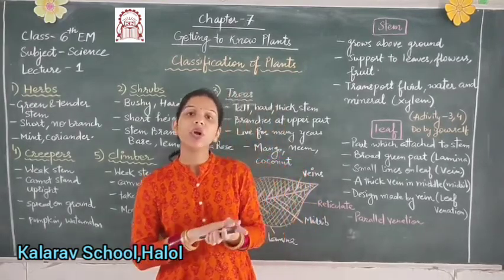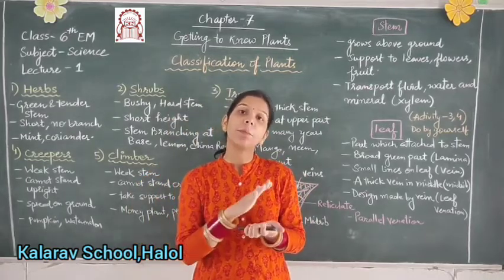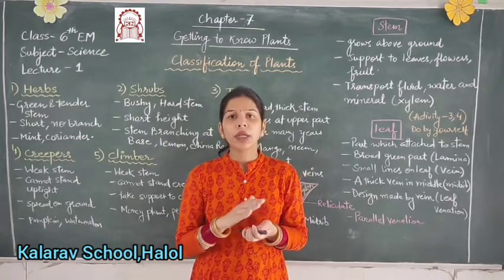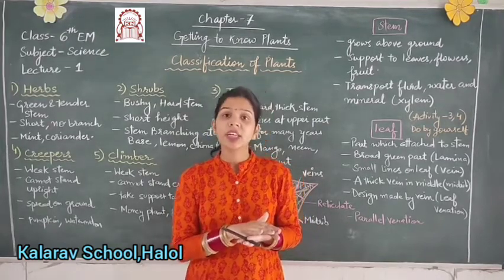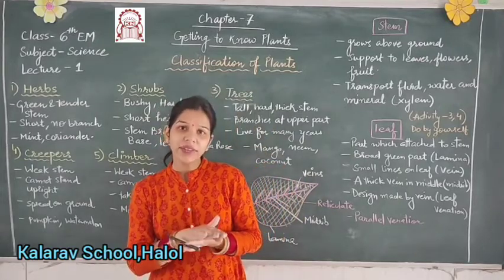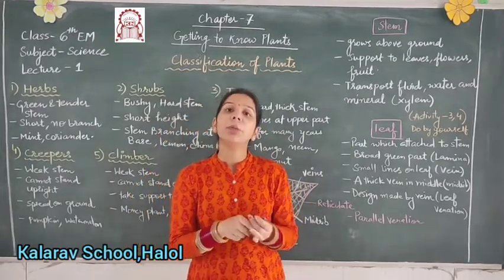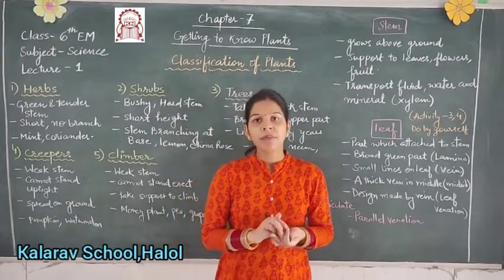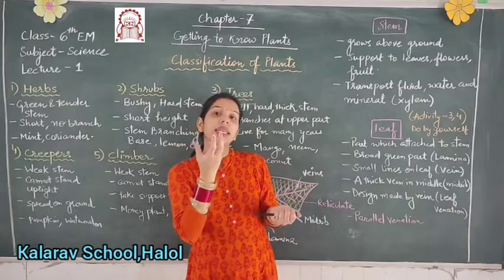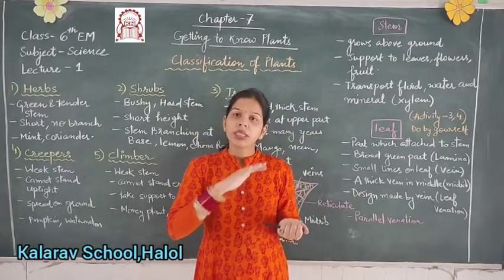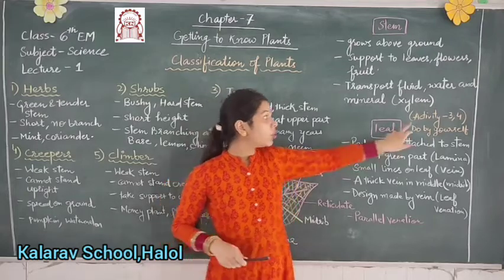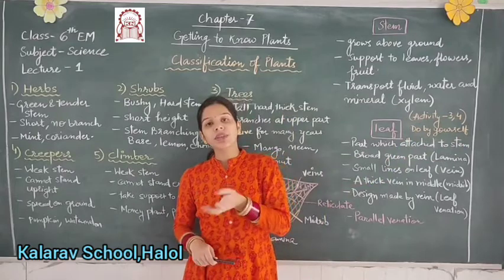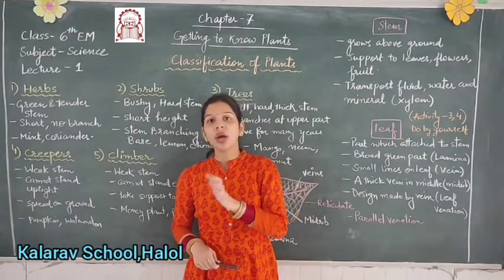Place that leaf on your notebook, and place a transparent paper or blotting paper on the leaf, and scratch the surface with the tip of your pencil. You can easily see the lines which are present on the surface of the leaf. So you can do activity number 3 at home, and also write the observation if you have this activity in your workbook.